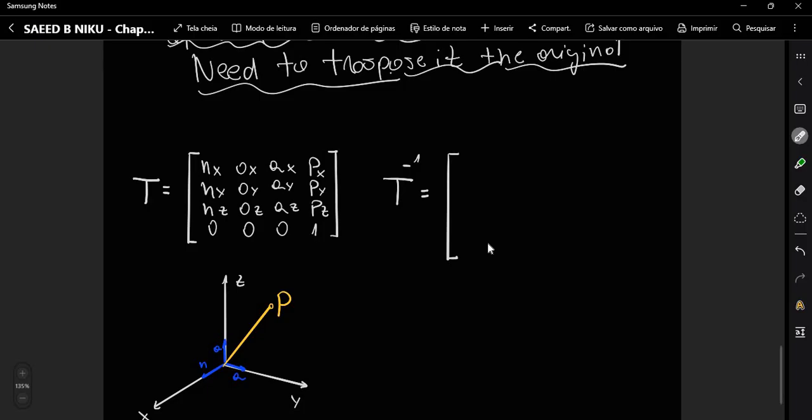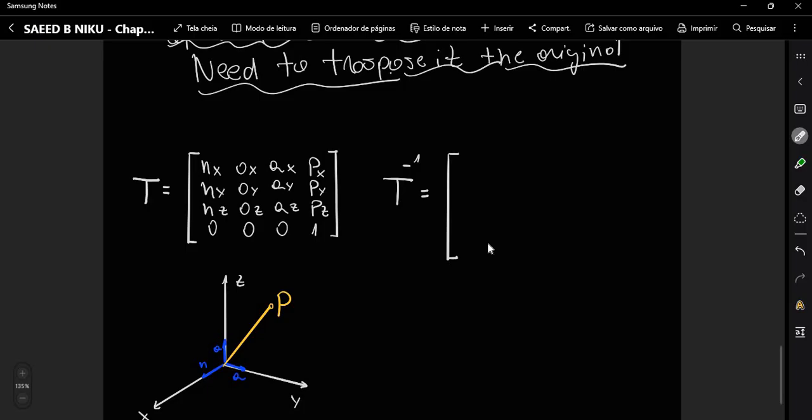So the beginning of this explanation, as the book says, for a homogeneous transformation matrix of order 4, it can be demonstrated that its inverse matrix can be obtained by dividing the matrix in two parts.